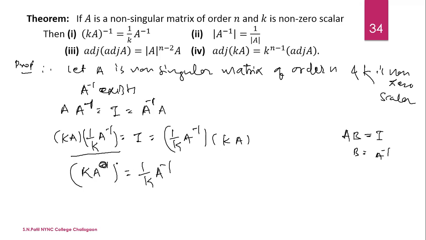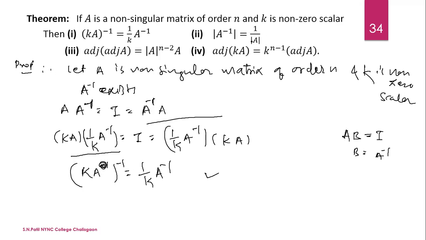We pre-multiply by K raised to minus 1. So this is the required proof. Otherwise, if we use this relation, then post multiplying by K A bracket raised to minus 1, we get the same relation.